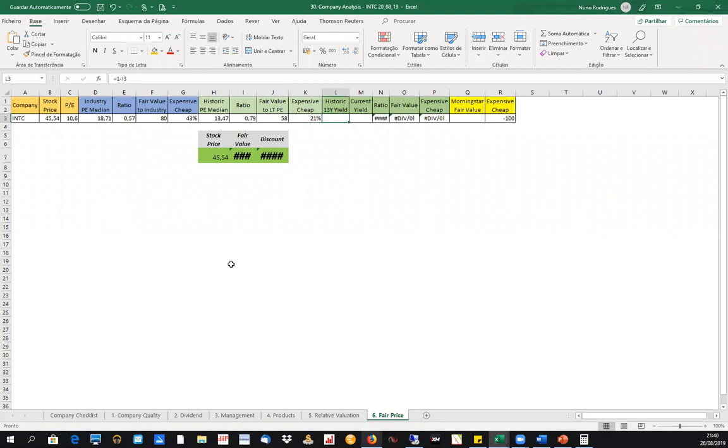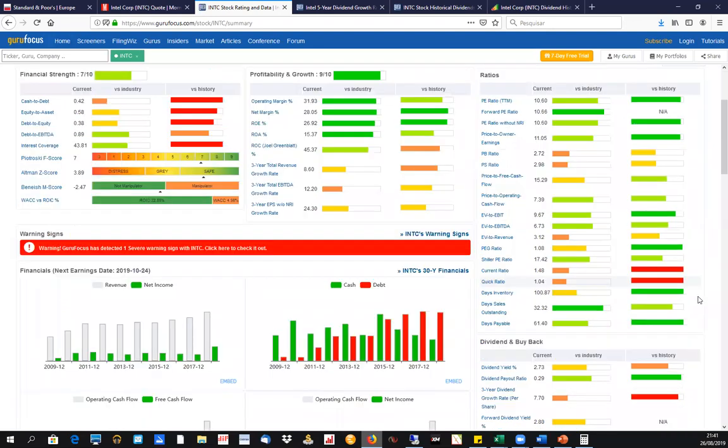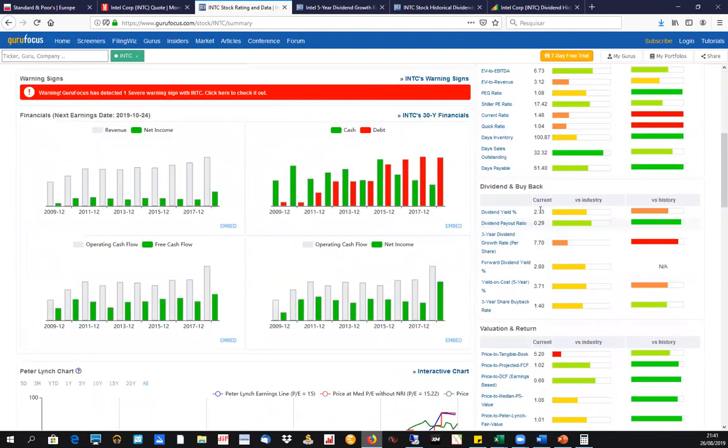Now let's take a look at the yield. What has been the historic yield, over 10 years, or sometimes some companies don't have so much data, so we try to collect the most data that we can. For Intel, if we scroll down, we have 2.73.